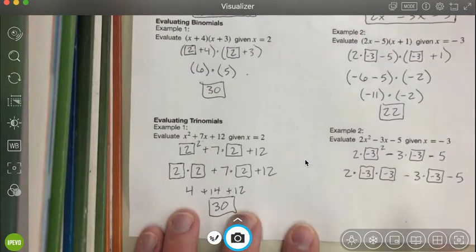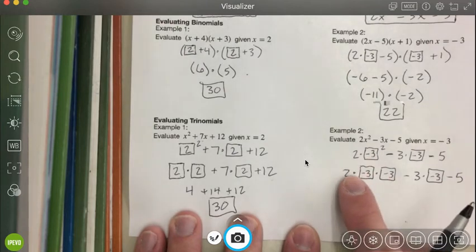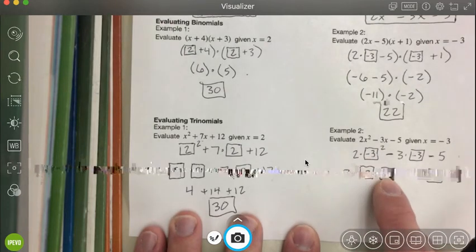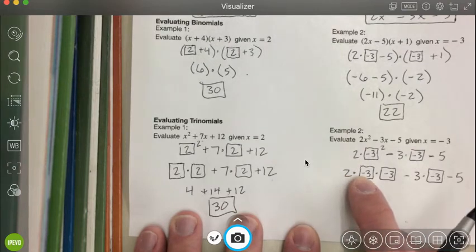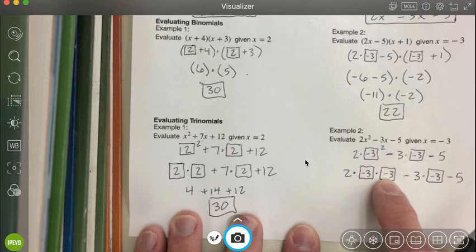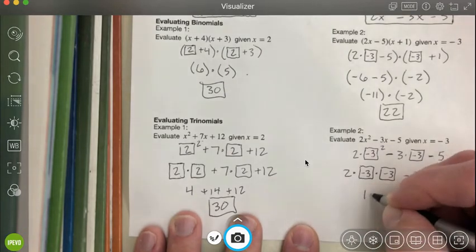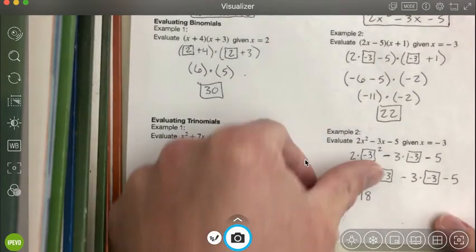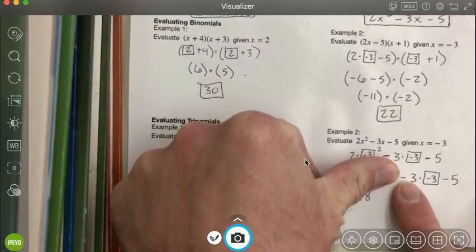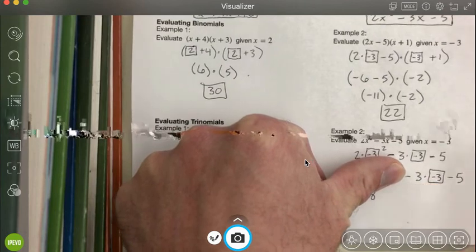All right, so now I'm just rewriting everything. And so 2 times negative 3 times negative 3, well, that's going to be negative 6 times negative 3. Negative times a negative is going to be positive. Here, remember when I have minus, this is going to be a negative 3 times a negative 3.